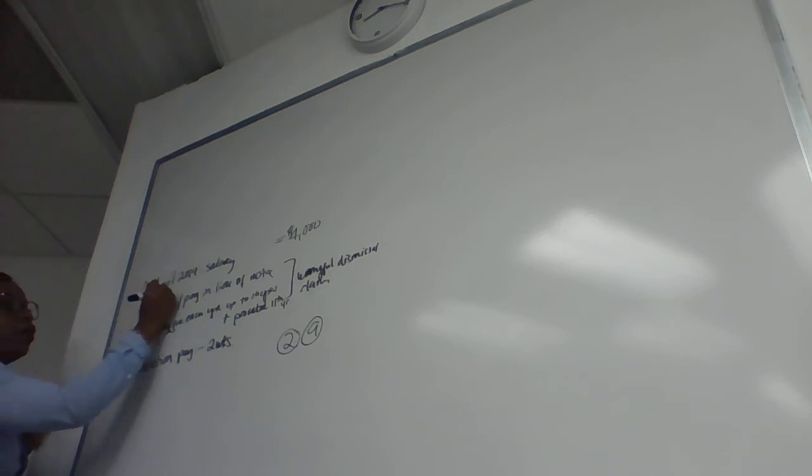So let's just assume this is the end of May, and they terminate at the end of May, right? That means she should get May's pay too. So I'm changing the facts a bit, okay? Let's say at the end of May, she didn't get paid for April, they didn't pay her May, and they terminated at the end of May.